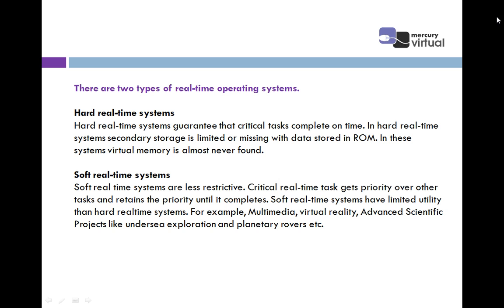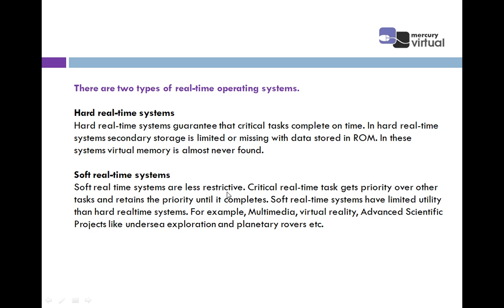Then another category is soft real-time systems. As the name suggests, soft real-time systems are less restrictive. There is no guarantee that a task will complete within 5 minutes only; there is some expectation that it will complete within 10 minutes, but there is no strict limit like 2 minutes or 3 minutes.